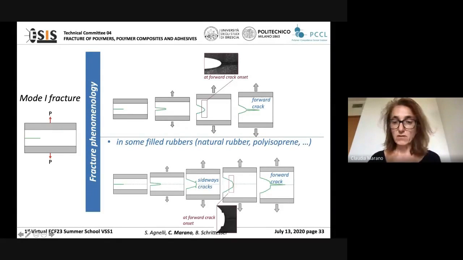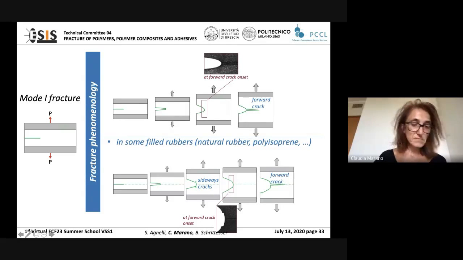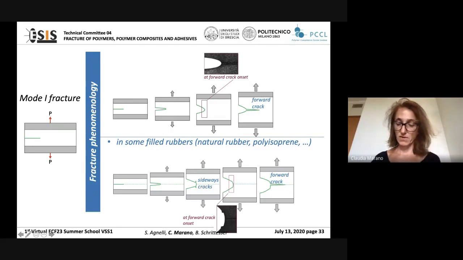The onset of two cracks that propagate parallel to the loading direction, so-called sideways cracks, can occur before the onset and the propagation of a forward crack. This picture, taken at the forward crack onset, highlights these two sideways cracks.